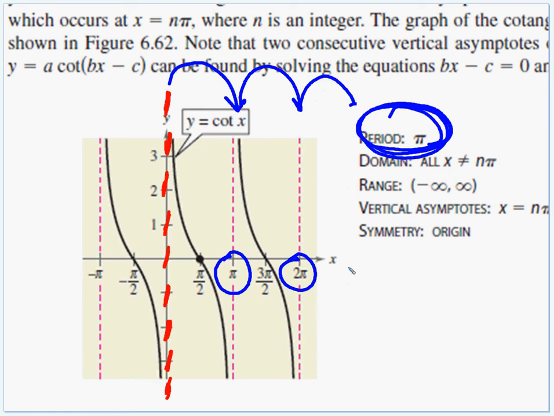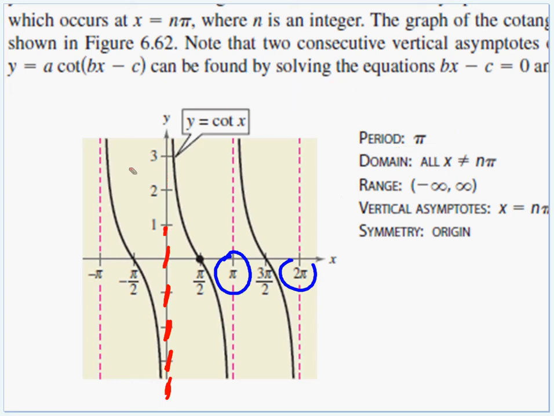We'll have another one at 3 pi radians. So the period jump is the same as tan, but this is nicer because our first vertical asymptote will be the y-axis unless we've shifted and moved that to the left or right. So my advice is find that first vertical asymptote. Again, it's usually the y-axis. And when you have the period, jump to all the other VAs.